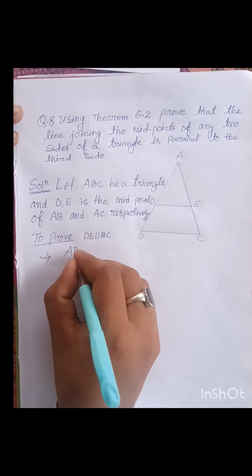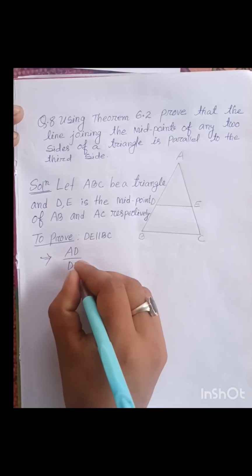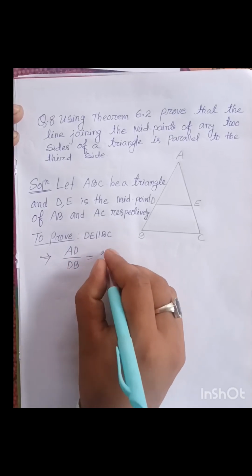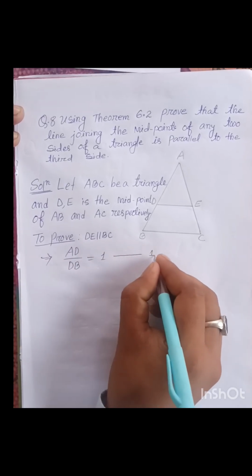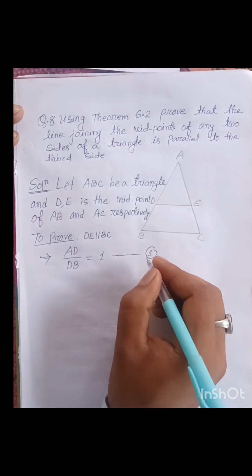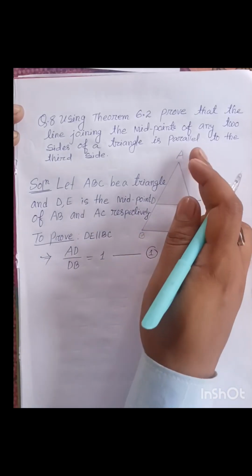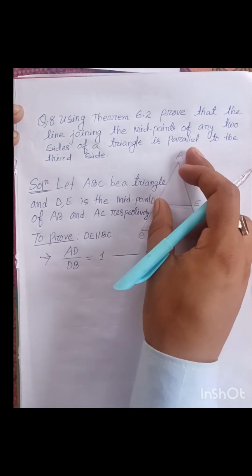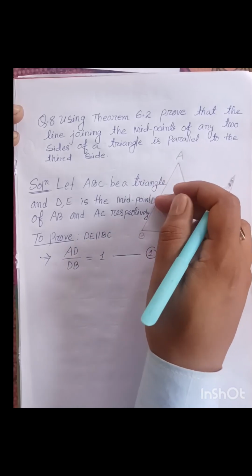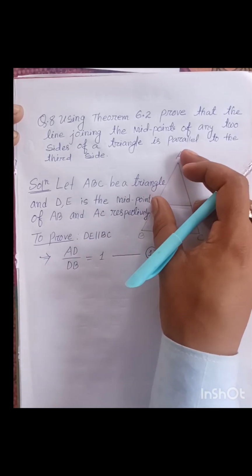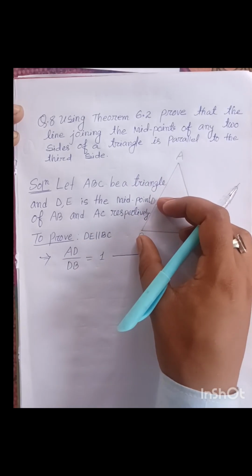So AD by DB equal to 1. I can write this AD by DB equal to 1 because D is the midpoint of AB. Then AD value becomes equal with DB value. Means if AD is 2 centimeters, then DB is also 2 centimeters, and 2 by 2 is equal to 1.